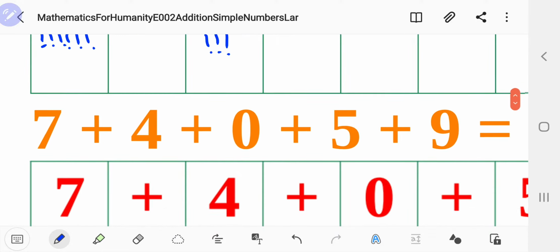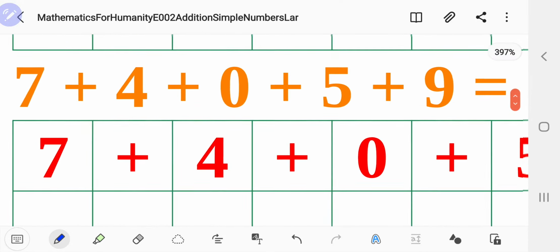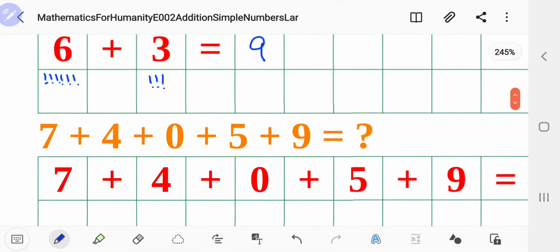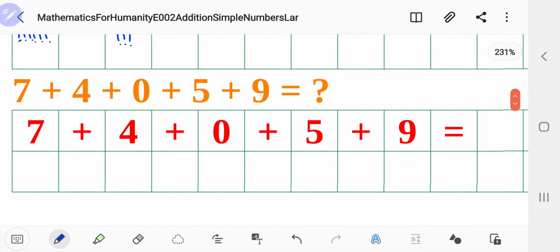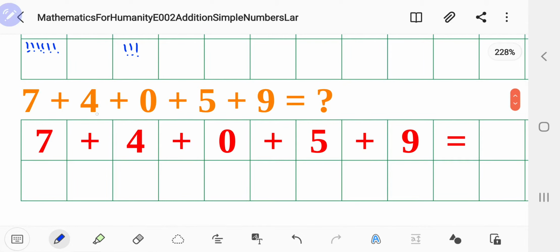Then for this one, you have 7 plus 4 plus 0 plus 5 plus 9 equals, then you write some symbols here. 1, 2, 3, 4, 5, 6, 7.